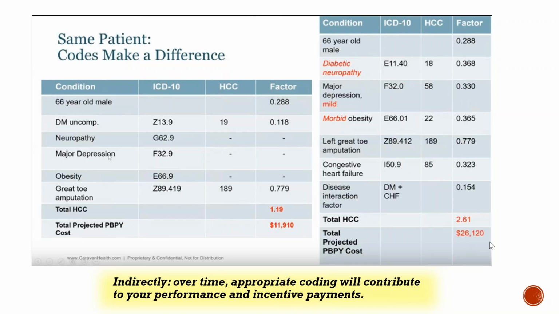Think about it. If we coded all of our patients like this guy on the left, and we coded them all just basic, uncomplicated, unspecified diagnosis, and we multiplied this number per patient by the number of patients in the ACO, perhaps it's $100 million to manage our ACO patients this year.